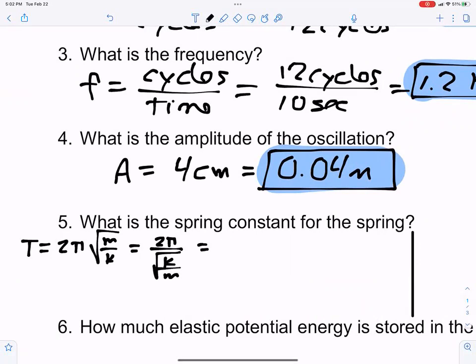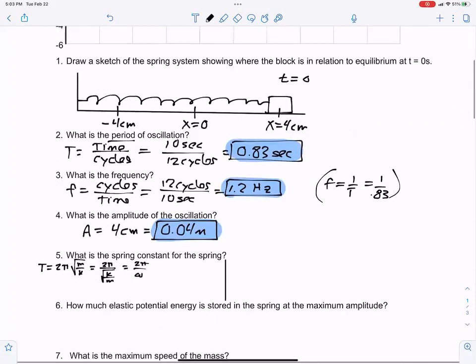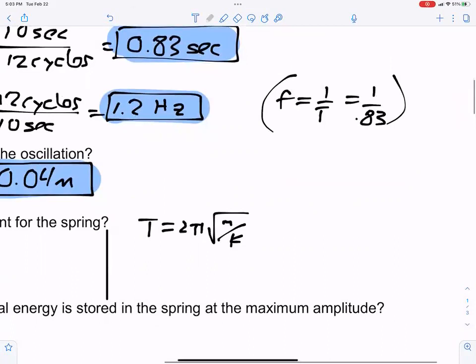What that means is 2 pi over T, well, that means omega is equal to the square root of k over m. What we can do is we can take that equation and solve it for k. So T is equal to 2 pi times the square root of m over k. I'm going to square both sides.